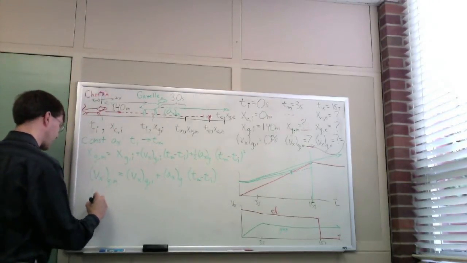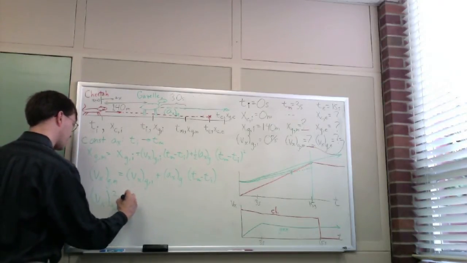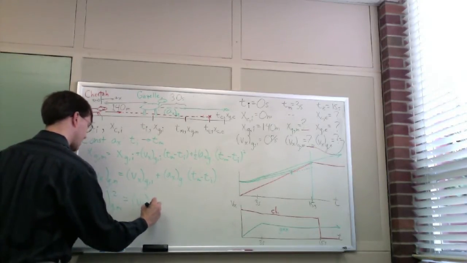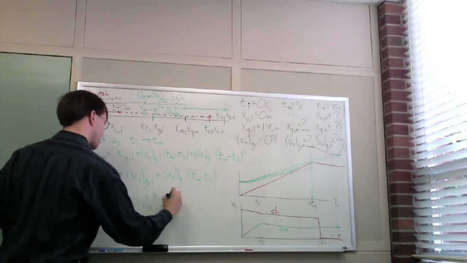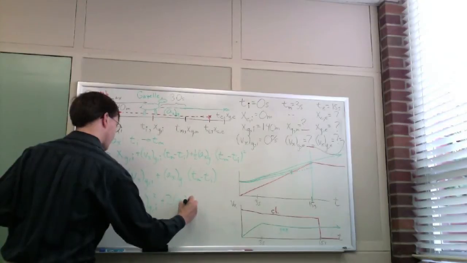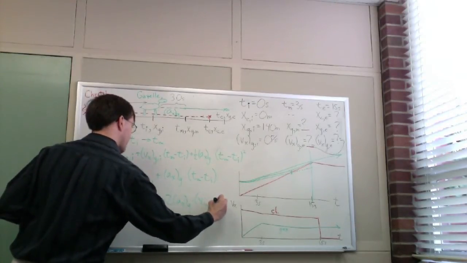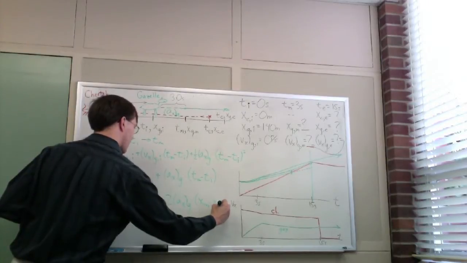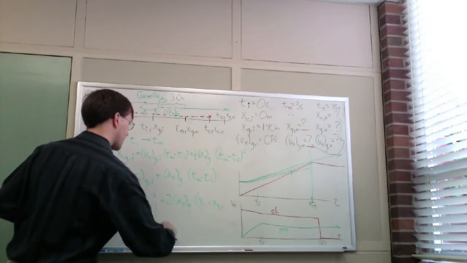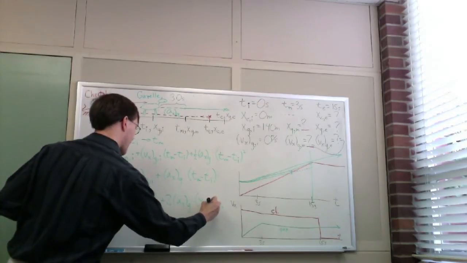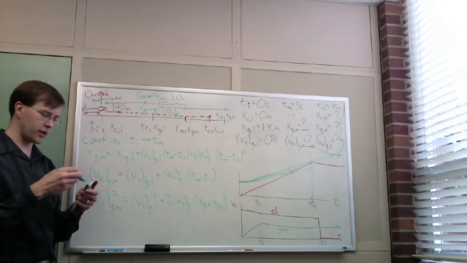And finally, the third equation: Vx gazelle maximum squared equals Vx gazelle initial squared plus 2 times the ax for the gazelle times x gazelle maximum minus x gazelle initial. Okay, so those are my constant acceleration equations.